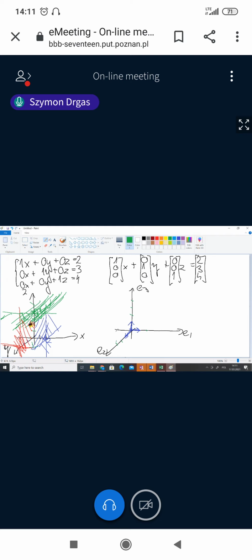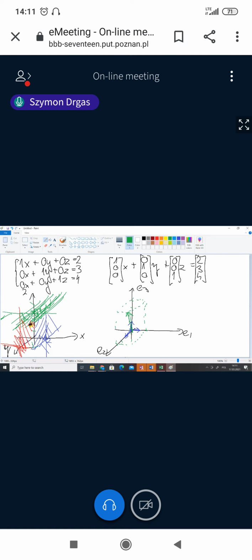So we can draw this. If we multiply this first blue vector by 2, the second by 3, and the third by 4, we will obtain this vector 2, 3, 4.